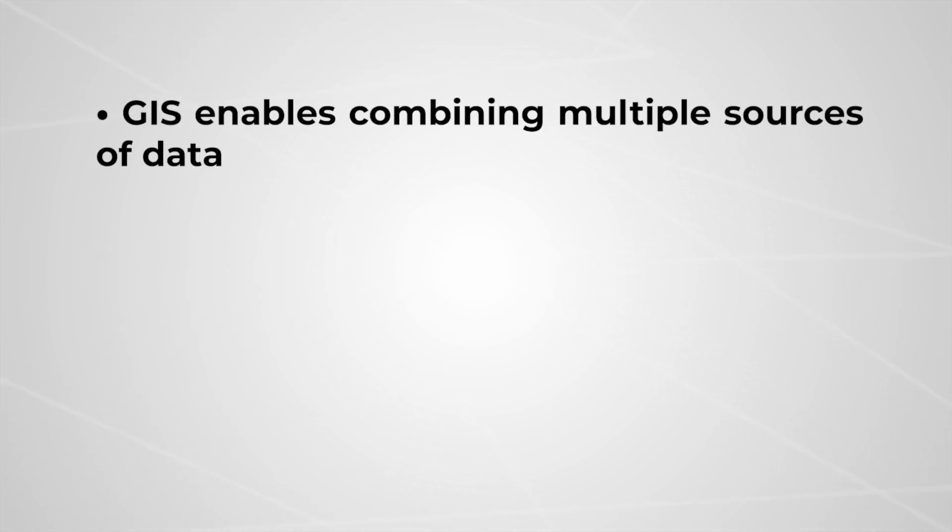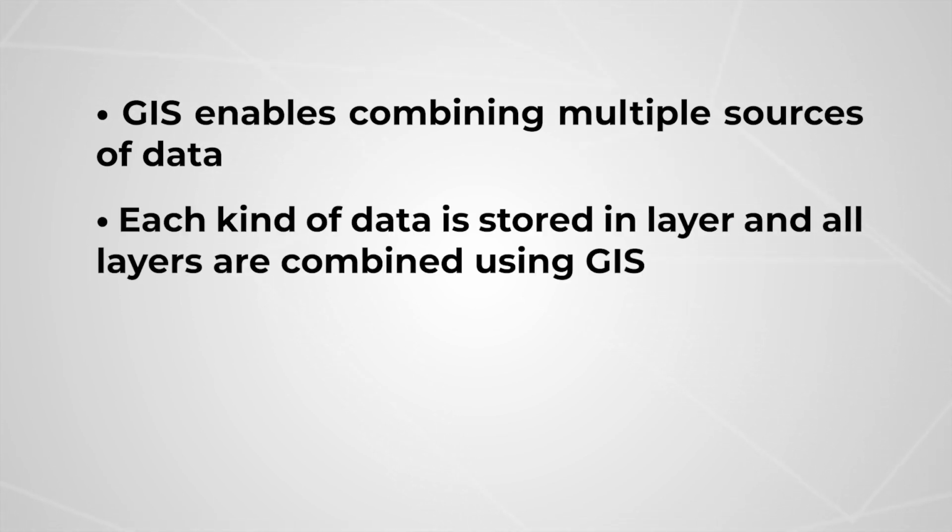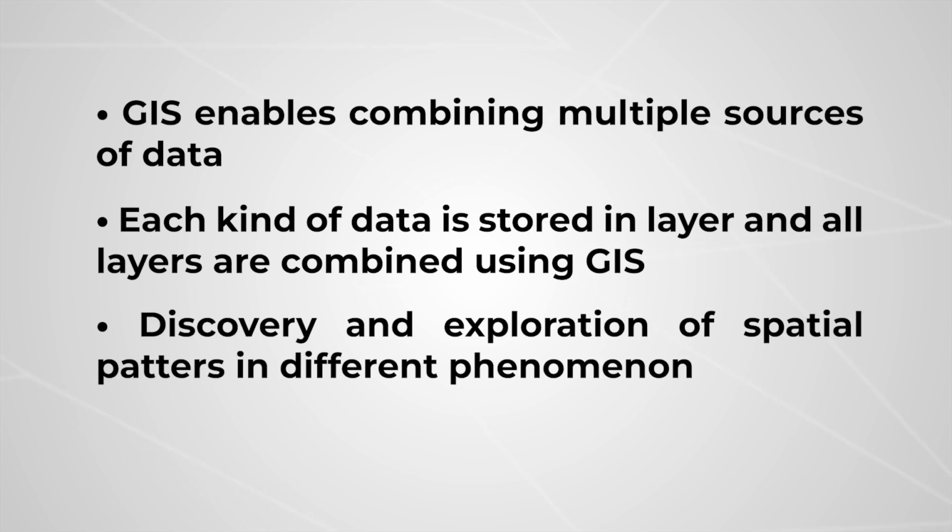Another key feature of GIS is combining multiple sources of data. Each kind of data is stored in layers and all the layers are combined using GIS. This means that GIS has the ability to combine multiple layers of data, enabling the discovery and exploration of spatial patterns of different phenomena.